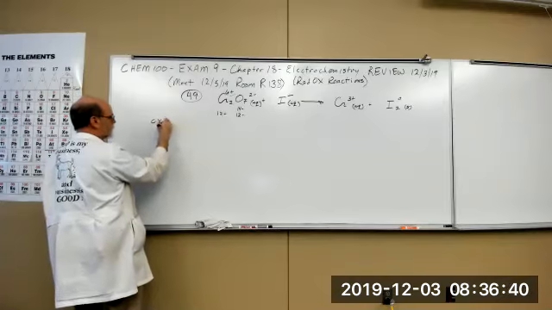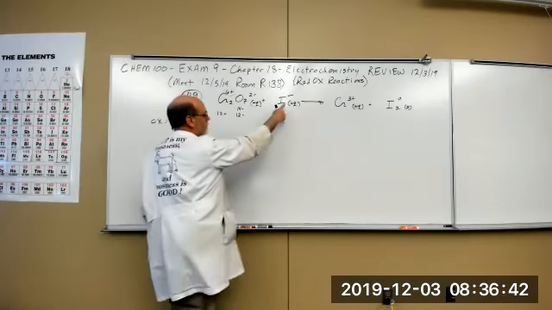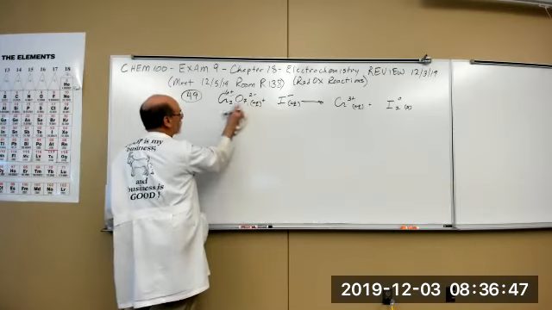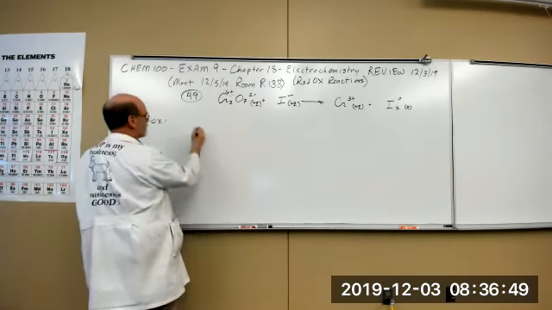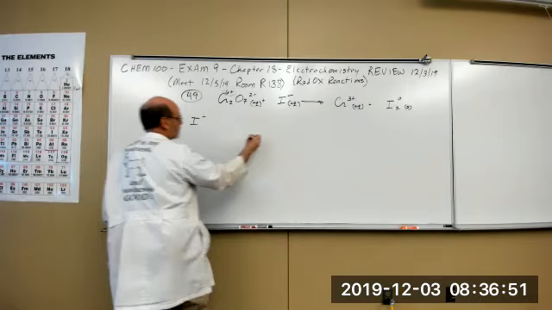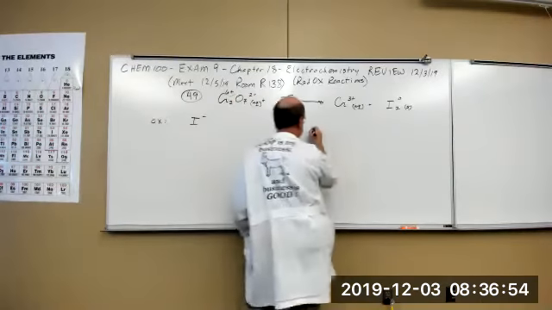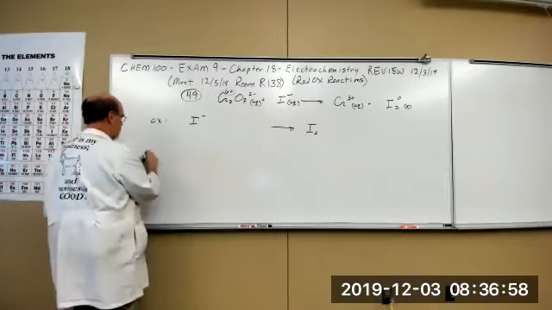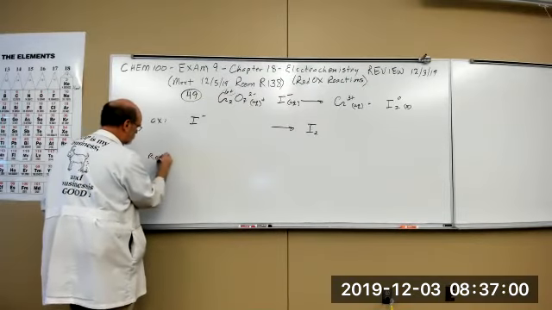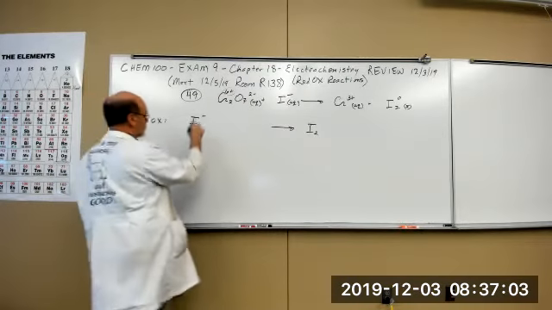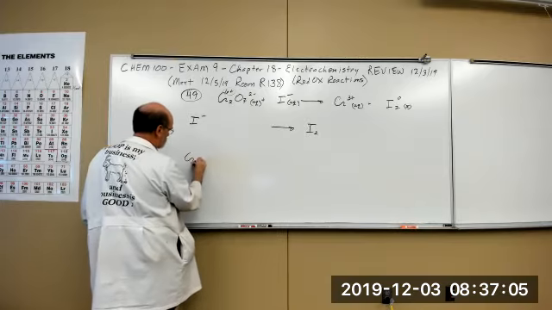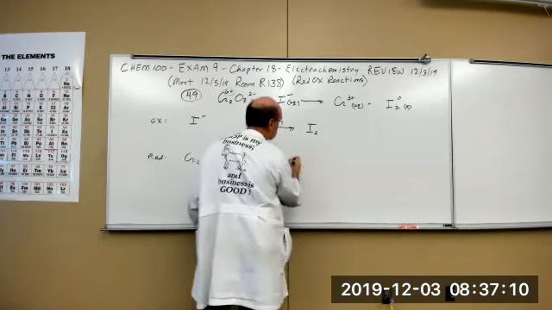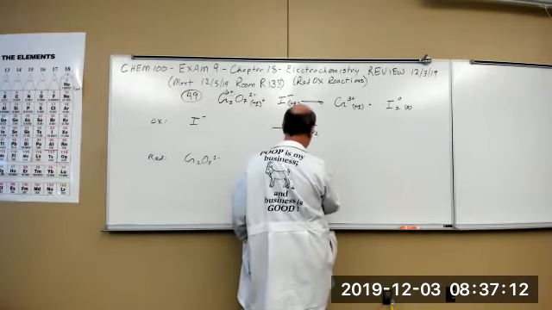So the oxidation reaction is this one, which is, let me make some more room here, the iodide ion yielding elemental iodine. And then the reduction reaction is the dichromate, yielding the chromium.